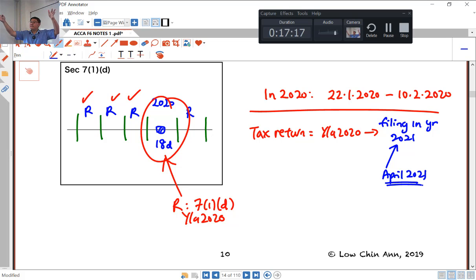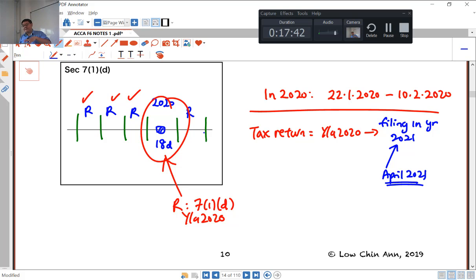Now, the 120 days means that in 2021, you already become a resident because of 71C. Because you have 90 days and you have 3 out of 4. And because in 2021 you're already a resident, so 2020 you become a resident because you have 3 plus 1. So you don't really have a problem. Now, that's why in practice, it's really not an issue, okay?